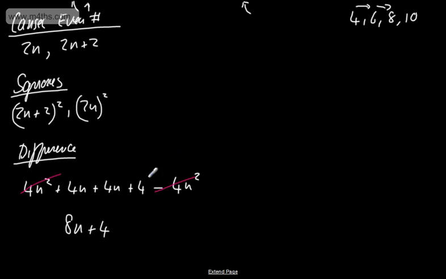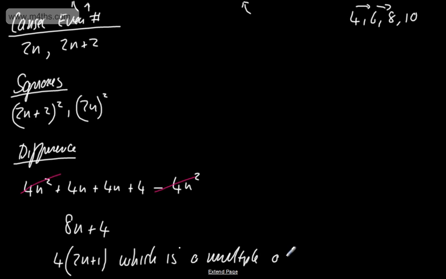We need to show that this is always a multiple of 4, so taking the 4 out, that leaves me 2n plus 1, which is a multiple of 4, and we can therefore conclude with the statement from the question to finish the proof.